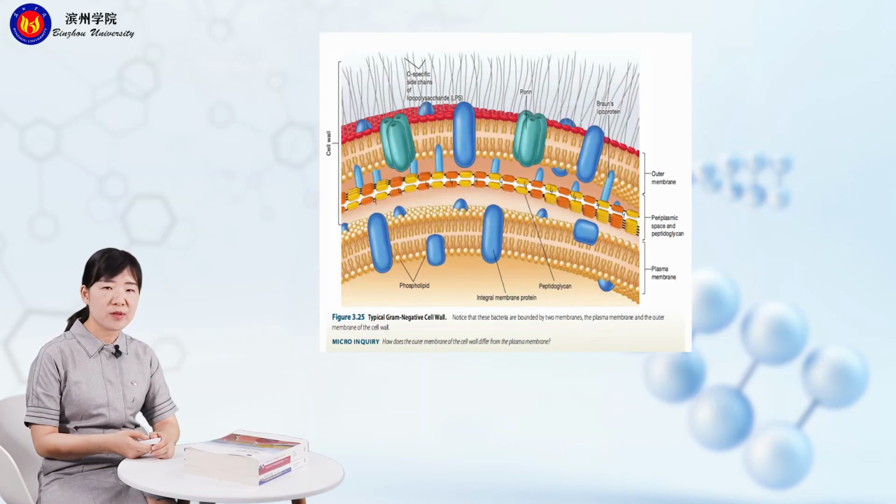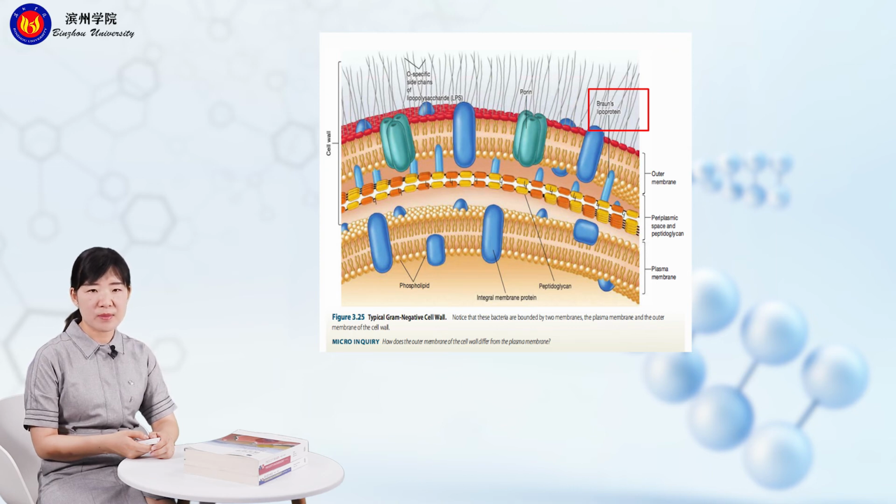The outer membrane lies outside the thin peptidoglycan layer. It is linked to the cell by Braun's lipoprotein. You can see the Braun's lipoprotein on the picture.